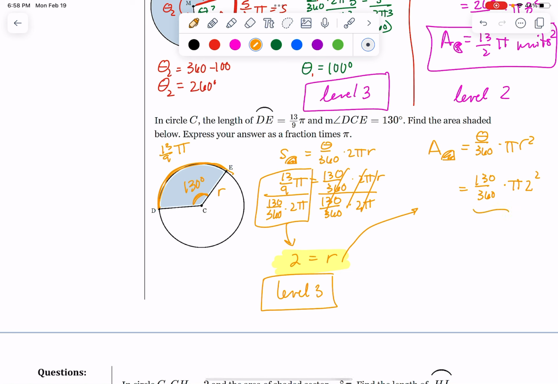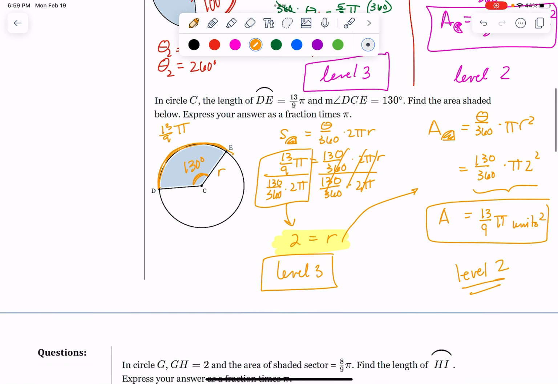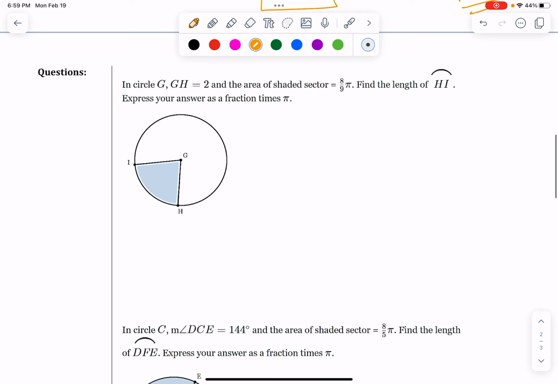And I plug all this into the calculator, and I get that the area is 13 over 9 pi units squared. Now remember that this is a level 2 skill because all you did was plug it in. Let's do some more.